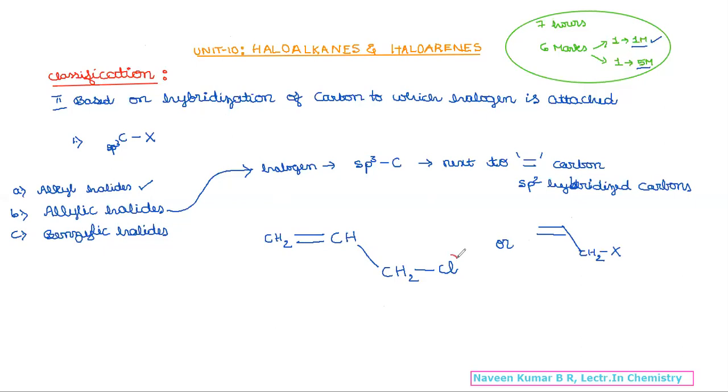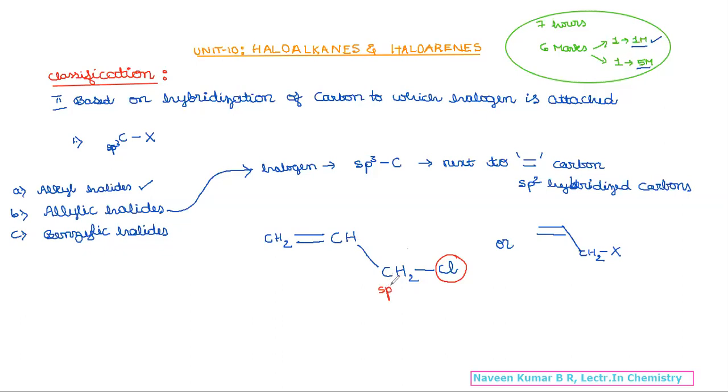The halogen is attached to a carbon, and this carbon is surrounded by two single bonds, one with Cl, one with the adjacent carbon, and the other two with hydrogen. It's not a complete structure. If you expand the structure, you can understand the two hydrogens are bonded to this carbon with two single bonds as sigma bonds, and one sigma bond with Cl, one sigma bond with carbon.